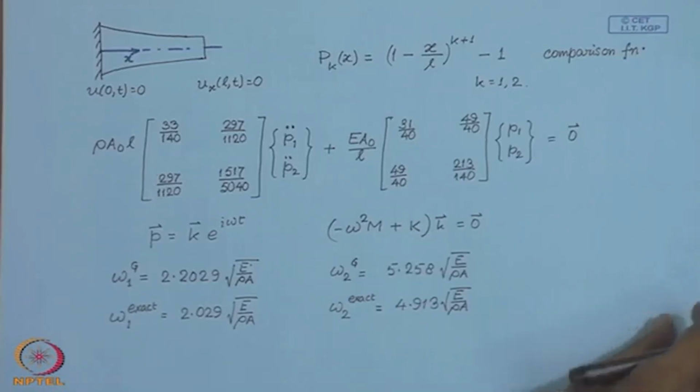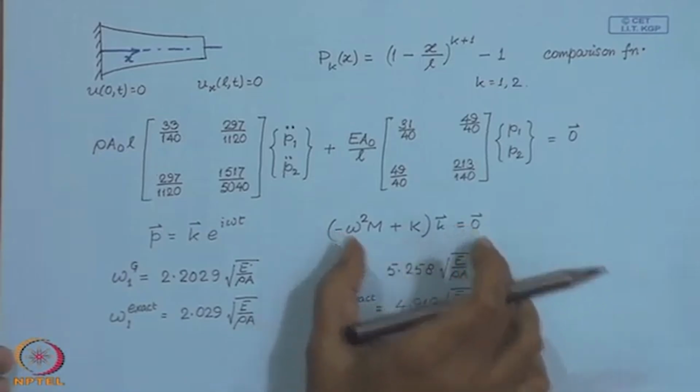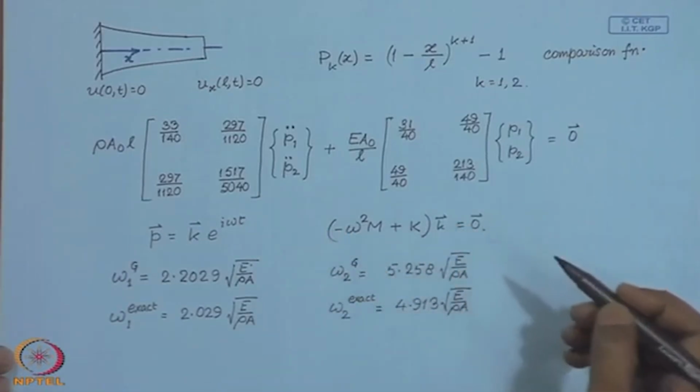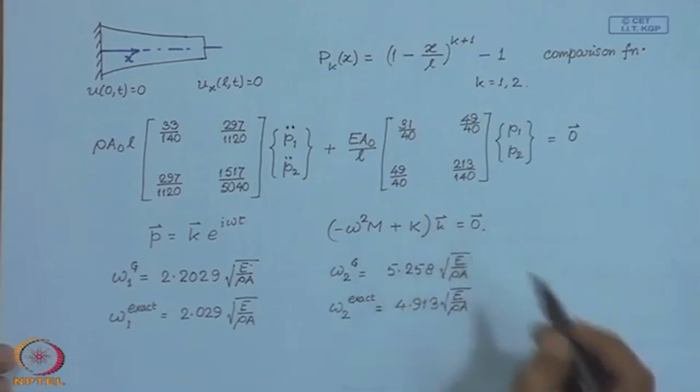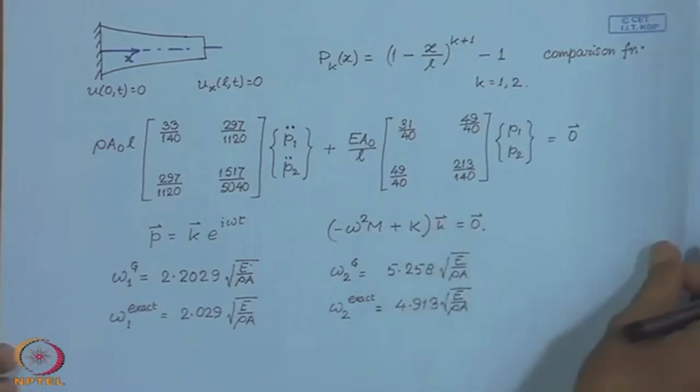Now, when you solve this eigenvalue problem, you also obtain the eigenvectors. Now, these are obtained.